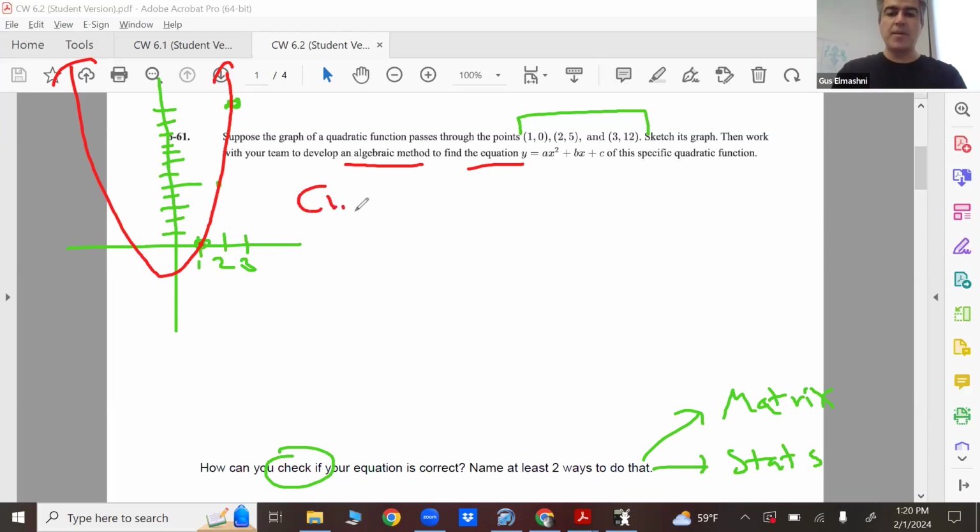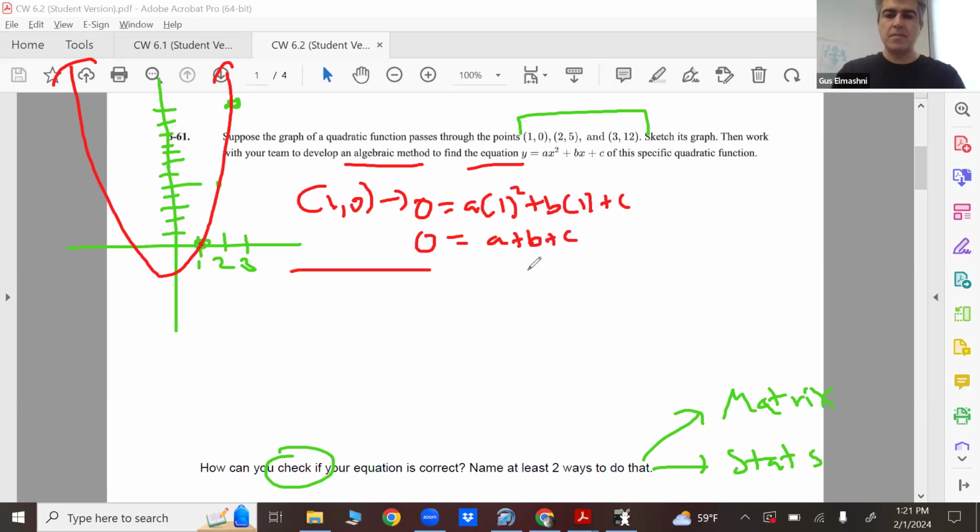So for 1, 0, 0 equals A times 1 squared, B times 1 plus C. So 0 equals A plus B plus C. Okay, 2, 5.